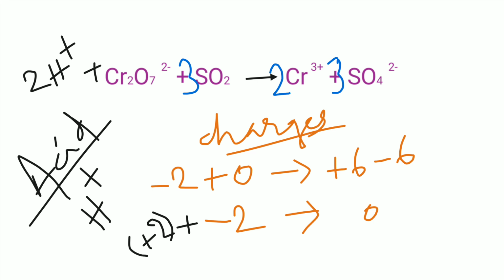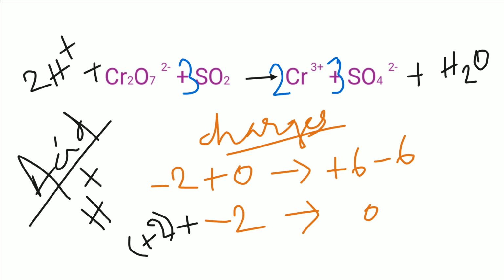Now when we check the right hand side, there's no hydrogen atom. On the left hand side 2 hydrogen, but on the right hand side there's no hydrogen. Therefore, if we write 1 mole of water, 2 hydrogen atoms are there. So I am writing 1 mole of water here.